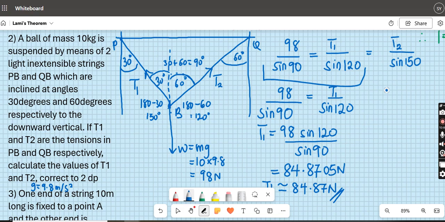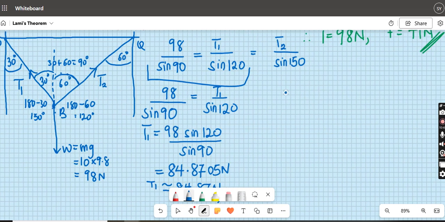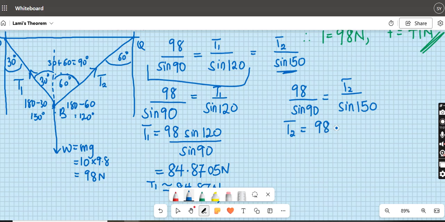Now for T2, we are going to take the 98 over sine 90 and equate it to T2 over sine 150. So making T2 the subject, we have 98 sine 150 all over sine 90.